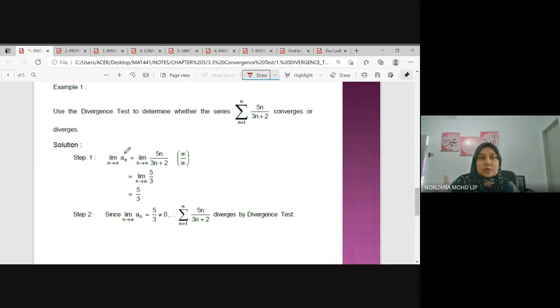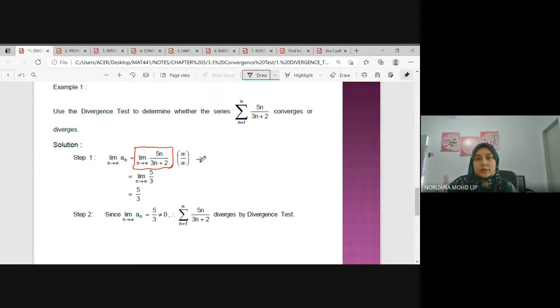Okay, first step, we apply the limit of this function. So limit 5n over 3n plus 2 when n approach infinity. Okay, ni you all kena tulis ni. First step kena tulis ni, limit of an. Okay, and then we substitute value n approach infinity into this function an. So we get infinity over infinity.